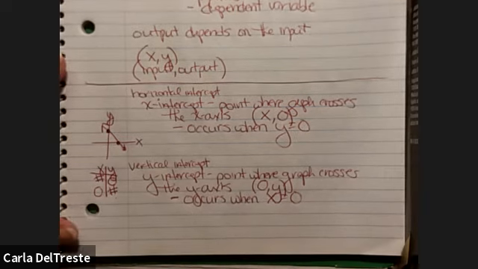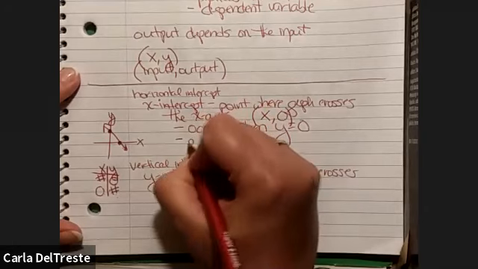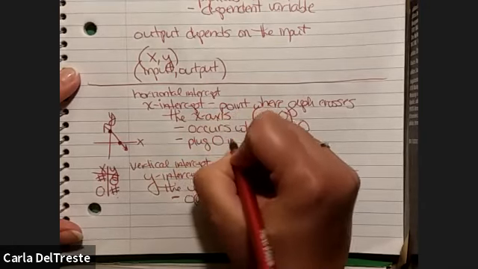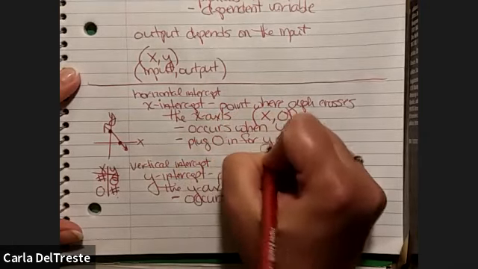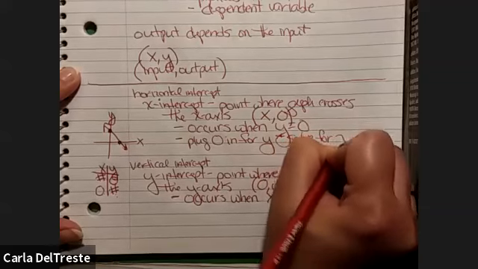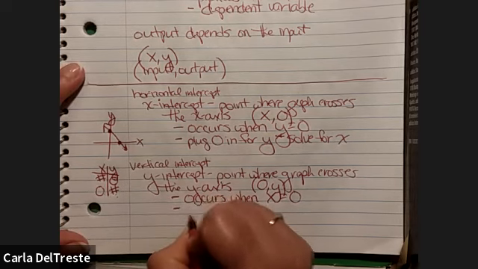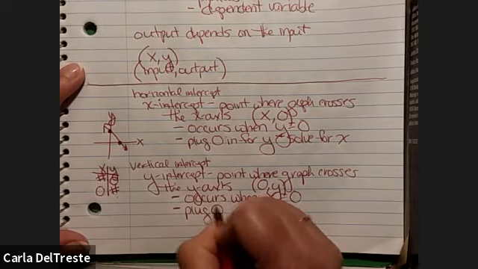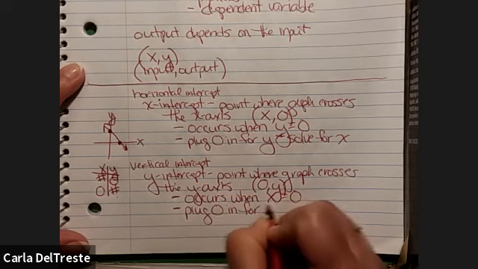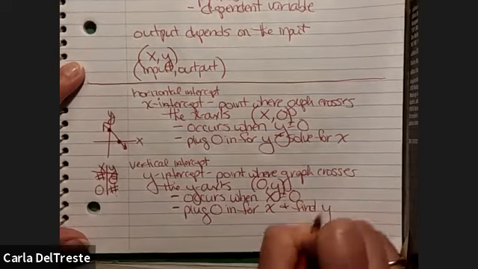And then last but not least, we talk about finding the x and y-intercept. To find the x-intercept, we plug 0 in for y and solve for x. And then to find the y-intercept, we plug 0 in for x and find y.